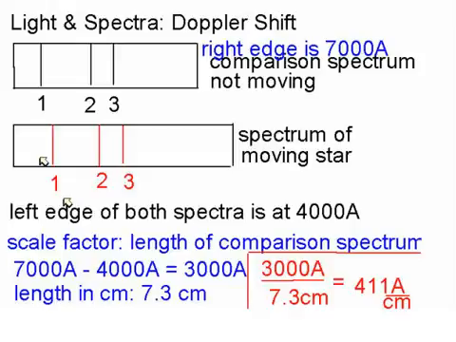So the centimeter measurement just refers to my sketch on the whiteboard here. But yeah, you're right. In the book, if you measure from the left edge in the comparison spectrum the distance of line 1, you would get something like 0.3 or 0.4 centimeters.